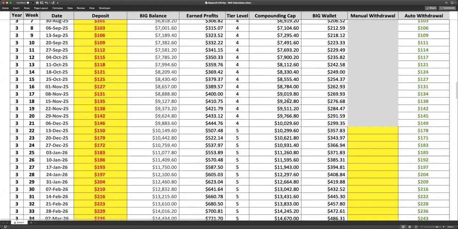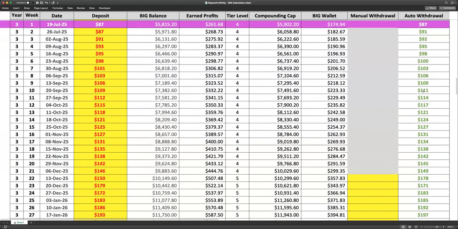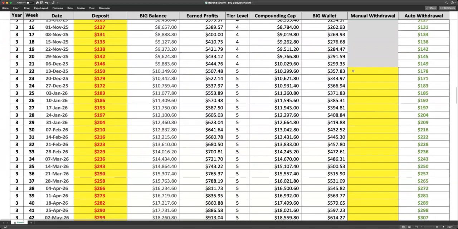Now here you're getting your auto withdrawals before you're at tier 5. And see, that's the second year. Look how quick that brought that up. And then you're at tier 5 right there.